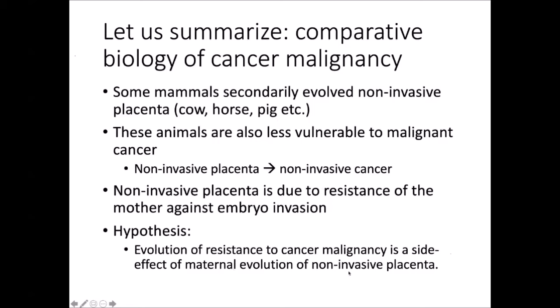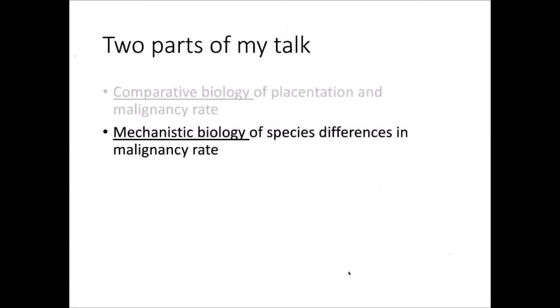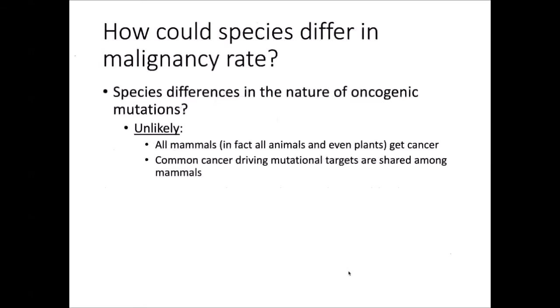Okay. So now I'm going over to the second part of my talk, where I report a little bit about our experimental work. And to set this up, we have to ask ourselves what could be the biological mechanistic reasons why some species have lower malignancy rates than other species.